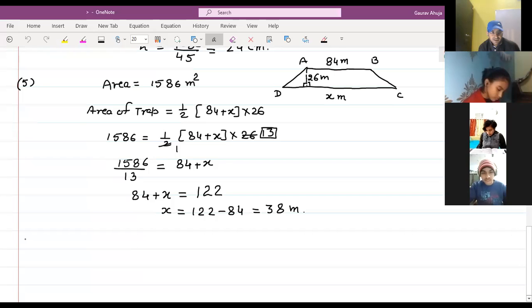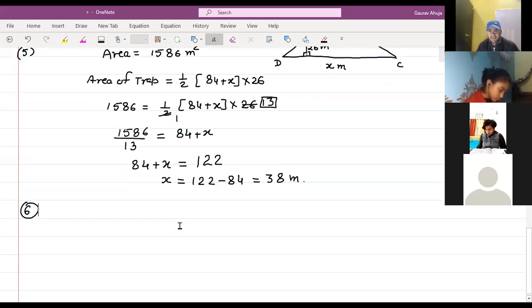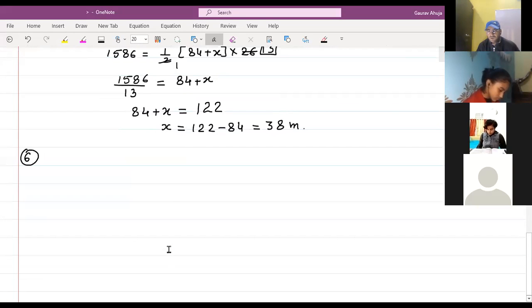Next question. Sixth question. Okay, we are starting the sixth question. Get ready, बच्चों. In question number 6, area of trapezium is given. Okay, जी. Area of trapezium is 405 centimeters square.